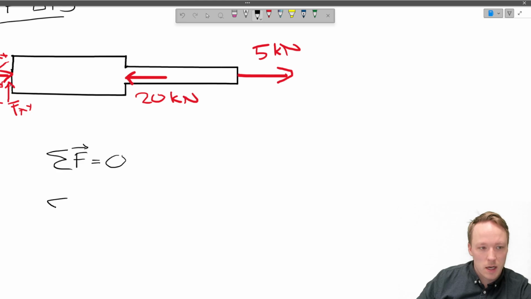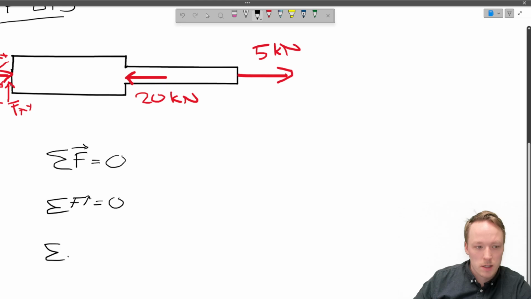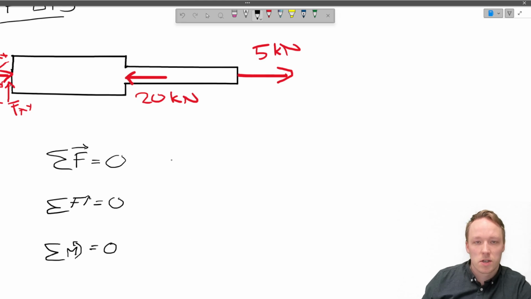Also, the sum of all the forces in the vertical direction must be 0, right? And thirdly, the sum of all the moments in any point must equal 0.